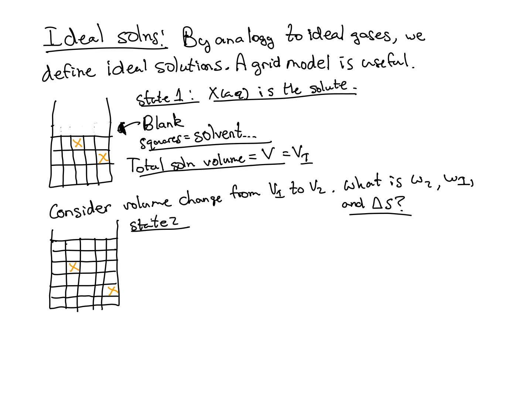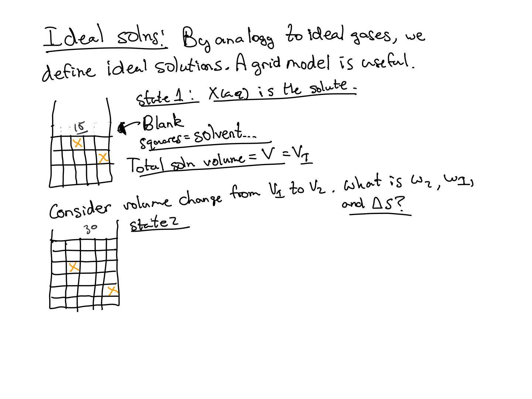As a first pass, let's assume this exact scenario, where there are two X's, and we started with 15 grid squares and now we have 30 grid squares.